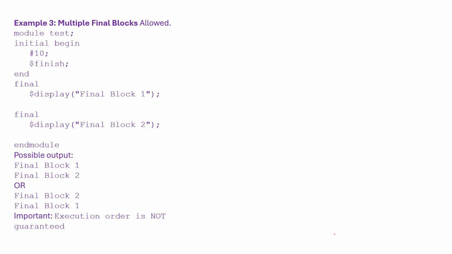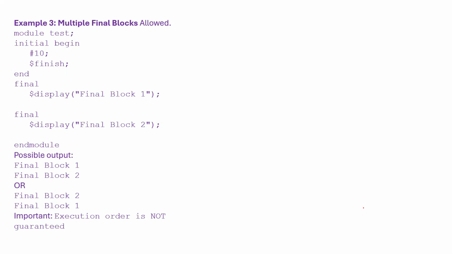Final block one may be executed first and then block two, or final block two and then final block one. The order may change, right? Because he is also executing at the same time, and I am also executing at the same time, then I don't know whether you are executed or I am executing.